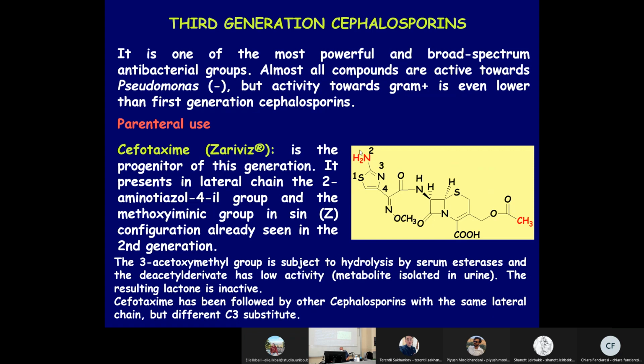You see the amino function, thiazole is an aromatic ring, five-membered, with an amino group, and this amino group is able to increase the whole hydrophilicity of the molecule. Once again, in order to have activity against gram-negative. The leaving group is always an acetyl residue, negative charge.